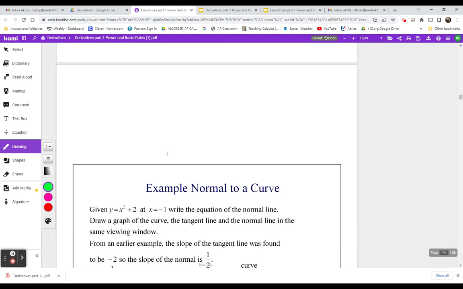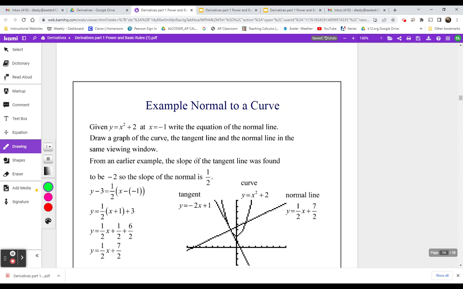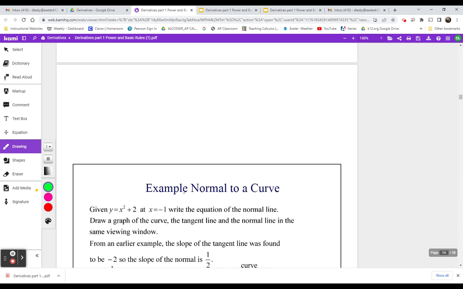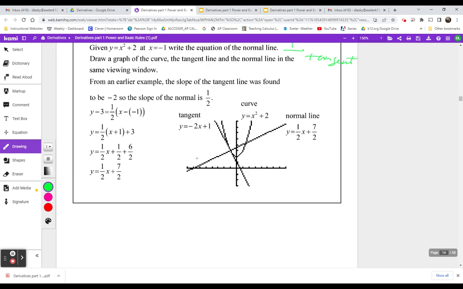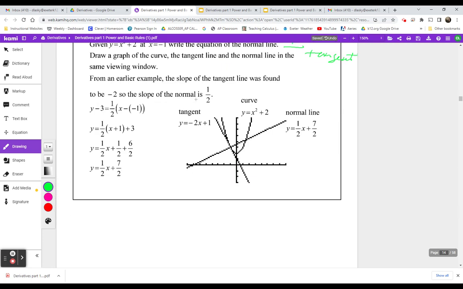Normal to a curve is just perpendicular to the tangent line. So if we have a tangent line, my normal has the slope of the perpendicular, which is this idea flipped over.